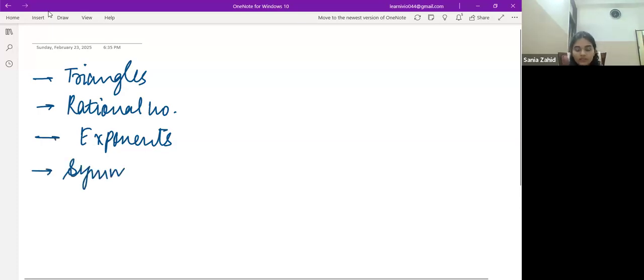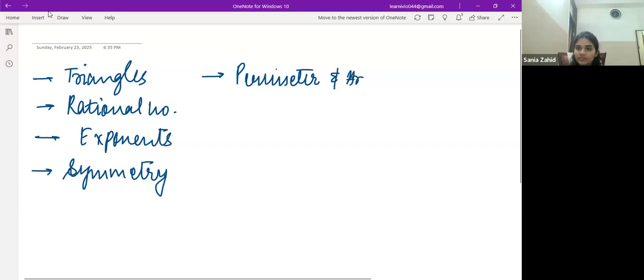Okay, symmetry. Then perimeter and area, chapter 11. Okay, you have perimeter and area. And then the last chapter is chapter 12, algebraic expression. You have algebra also. Okay.